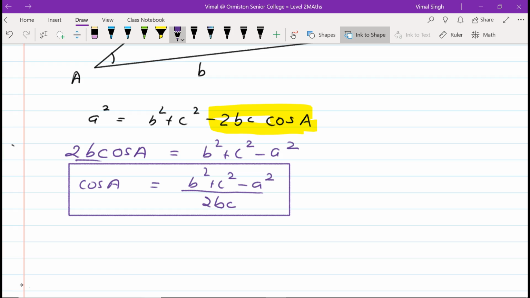And by the same token, I can write the other ones as well.